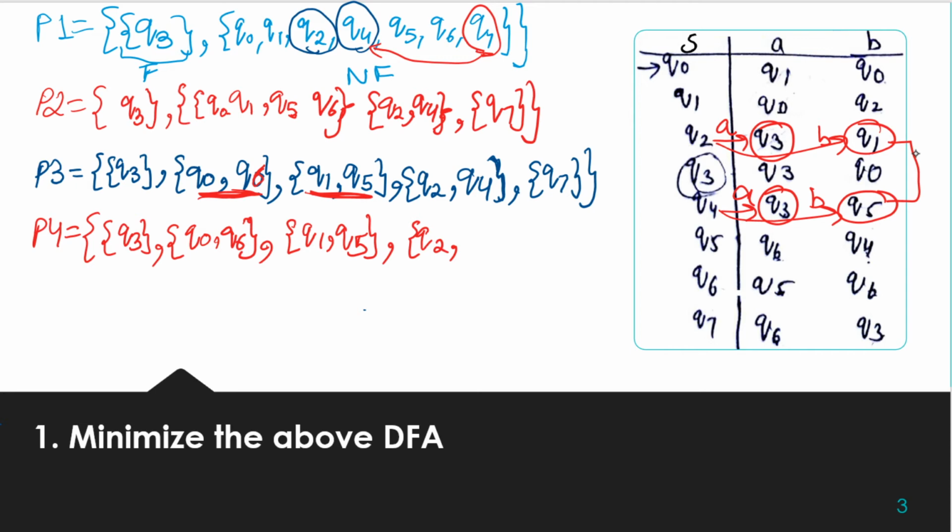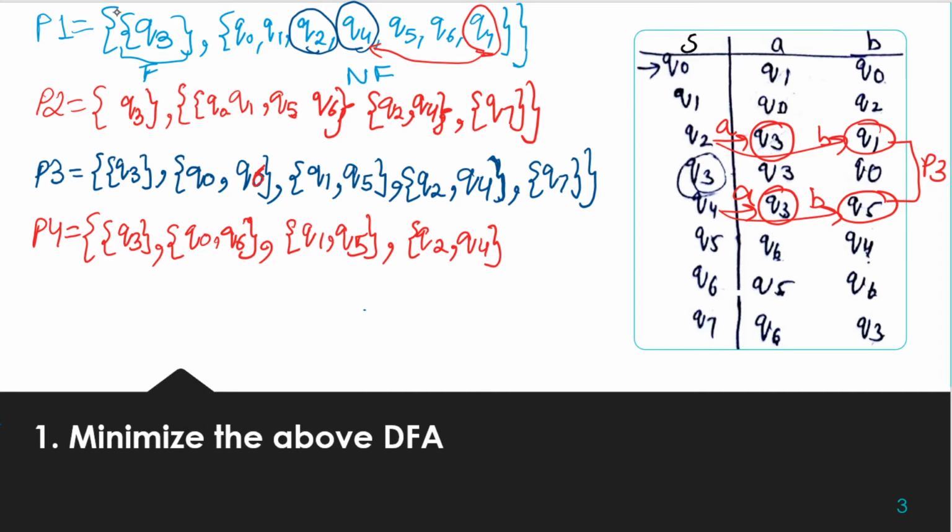So we can keep Q2 and Q4 in the same group, as these states are compatible for both input symbols in partition 4 also. And last, Q7 is the only state, so we cannot check its similarity with any other states.